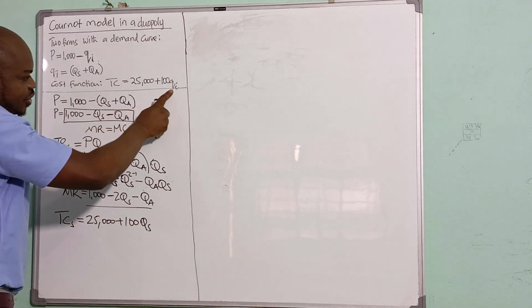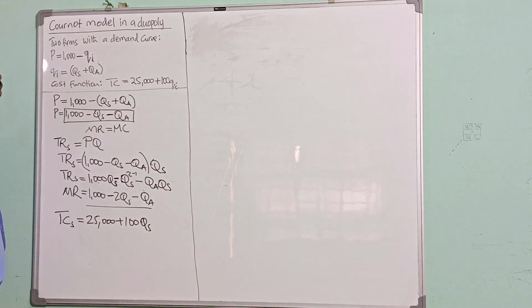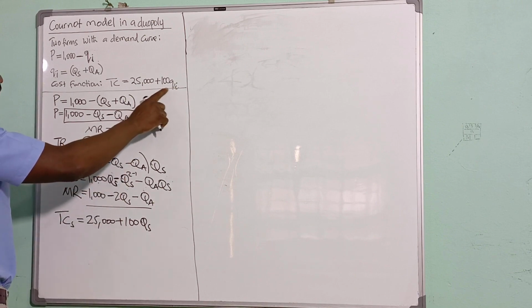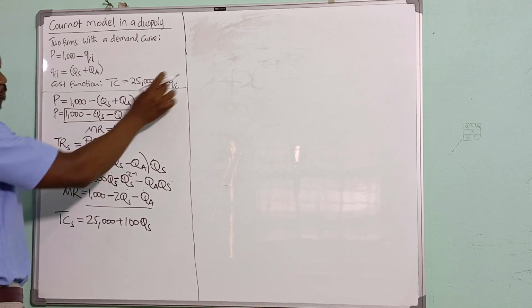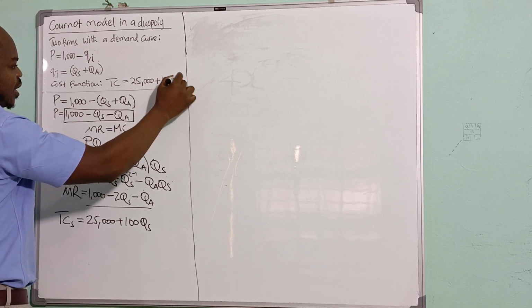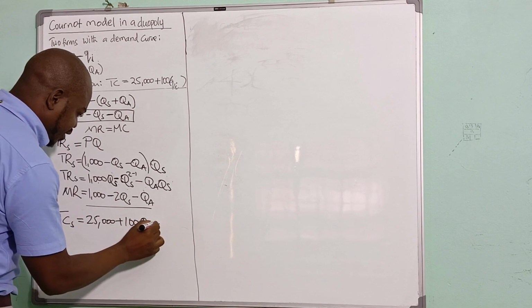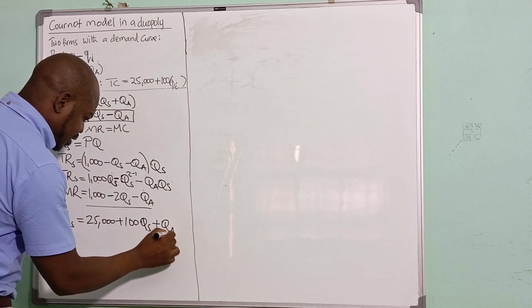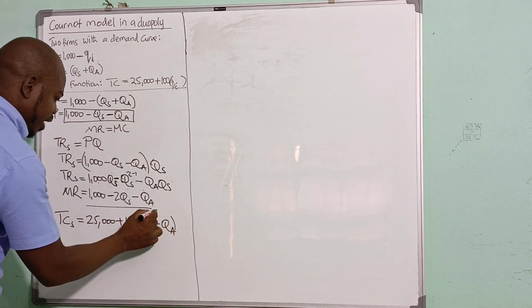Remember, in this Q, in this 100 there is QA and QS. Alright, so I can replace this Q with QA plus QS, which will give me that. So I've replaced the QI. This is a QI.